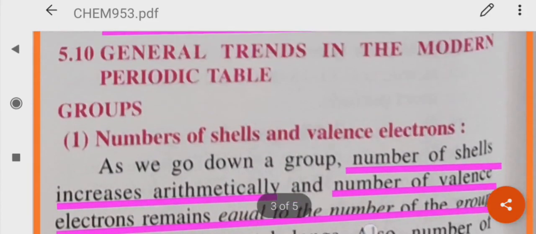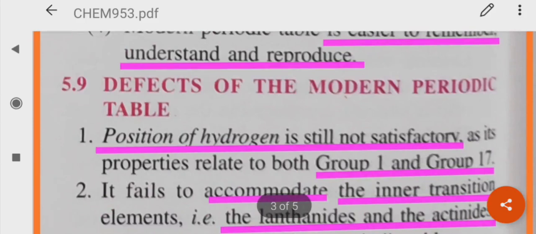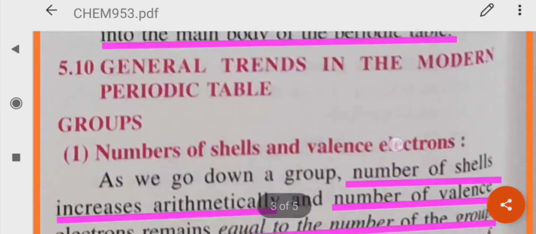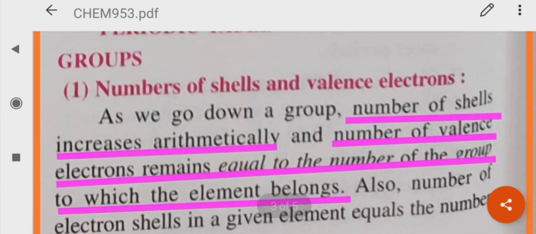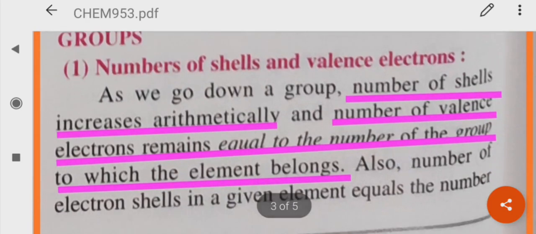Now, what are the general trends in the modern periodic table? Let us come to groups. How many groups are there? 18. So, as we go down a group, the number of shells increases arithmetically. That means period 1 has 1 shell, period 2 has 2 shells, period 3 has 3 shells, and accordingly.